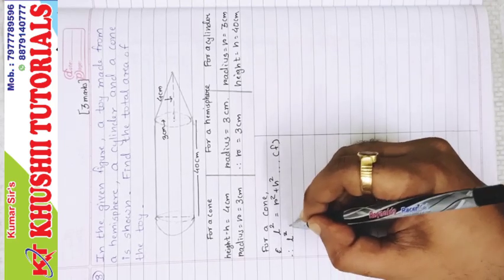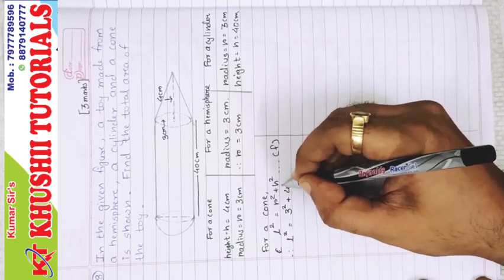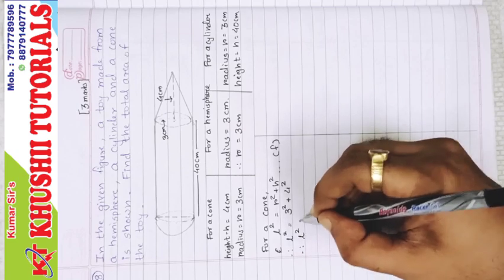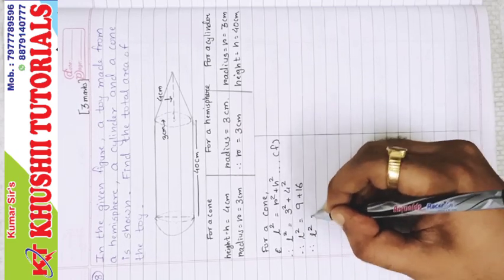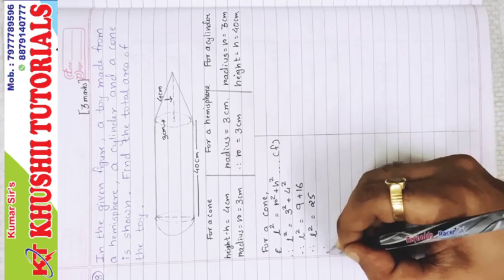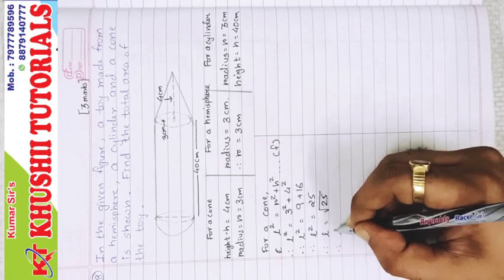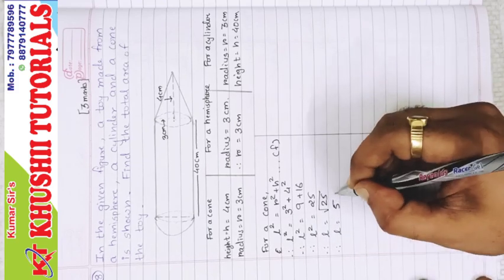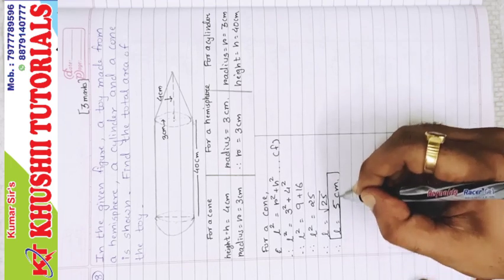Therefore L square equal to 3 square plus 4 square. So L square equal to 9 plus 16, so L square equal to 25. So L equal to square root of 25, and therefore L equal to 5 centimeter. This is the value of L, slant height.